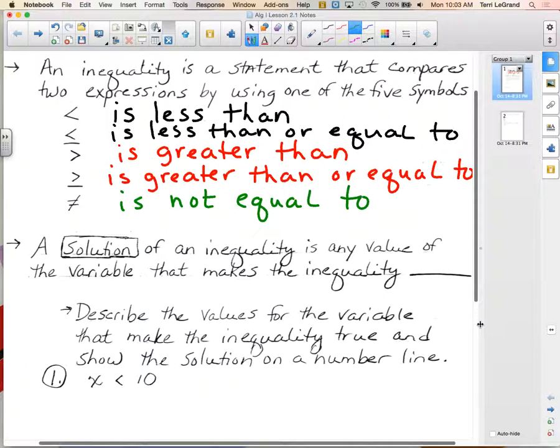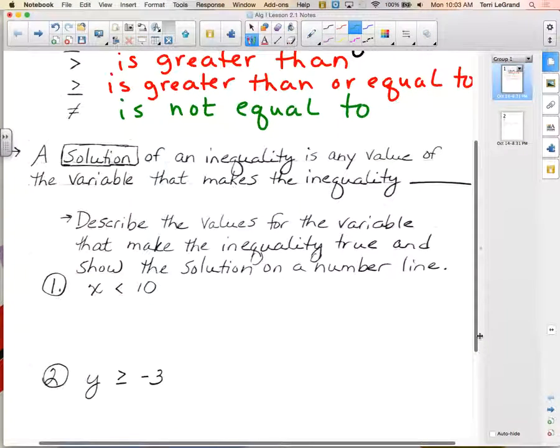So a solution of an inequality is any value of the variable that makes the inequality true. It has to make it true. If it doesn't make it true, then it can't be considered a solution. Just like in an equation, we find what value or values make the equation true. Same thing goes for an inequality.